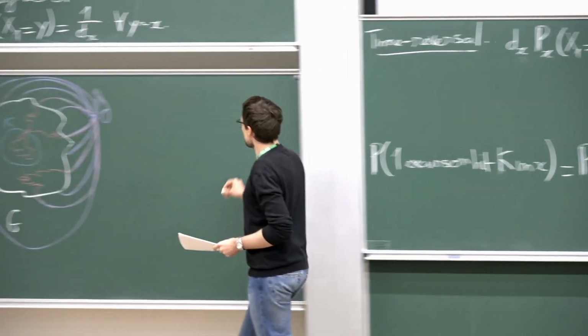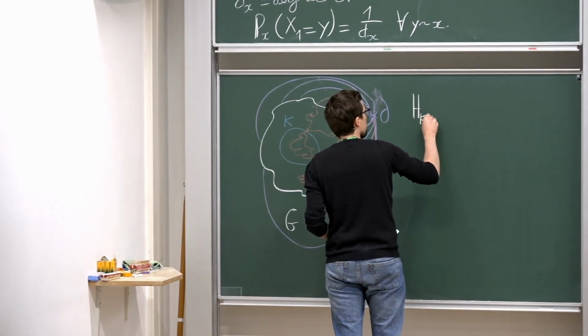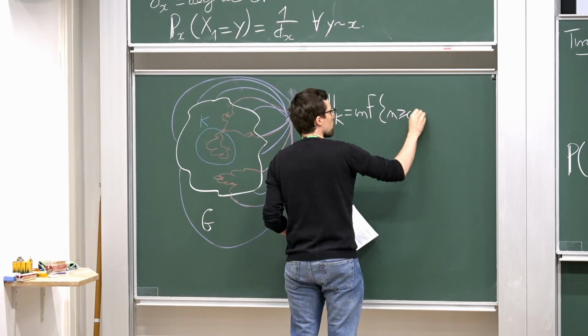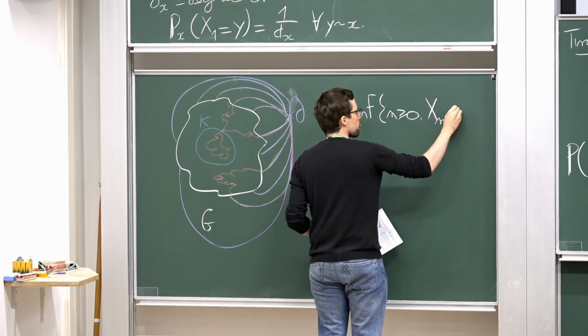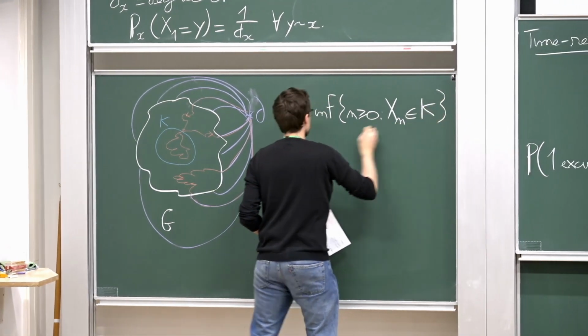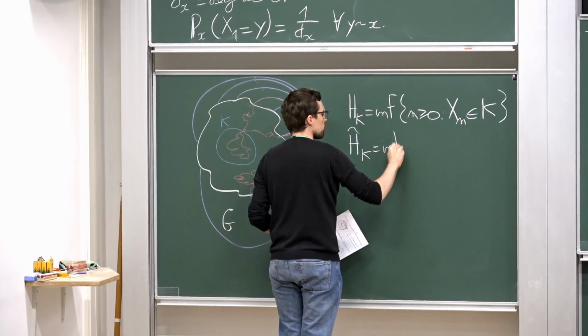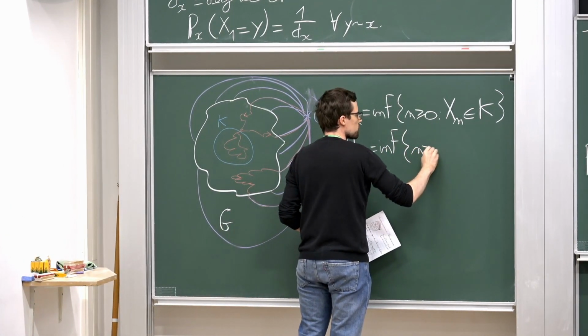So just some notation here. hK is the hitting time of a set, whereas h tilde K is the first return time to my set. So I don't count time 0.